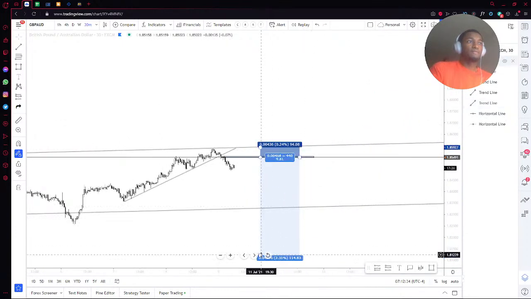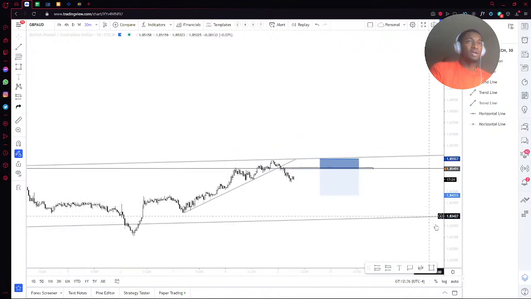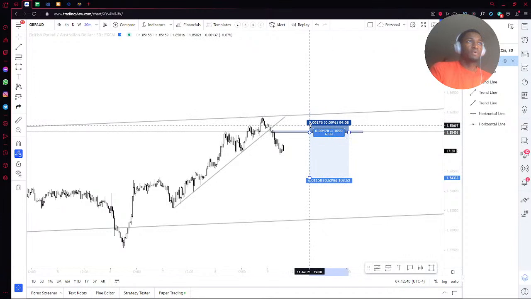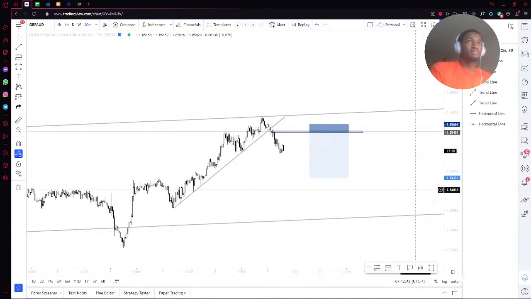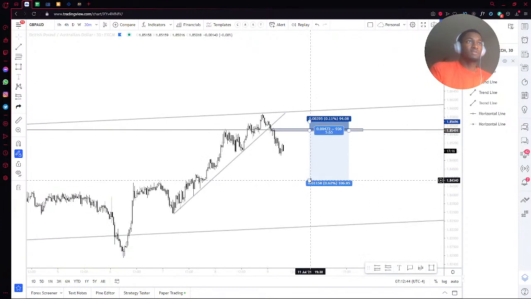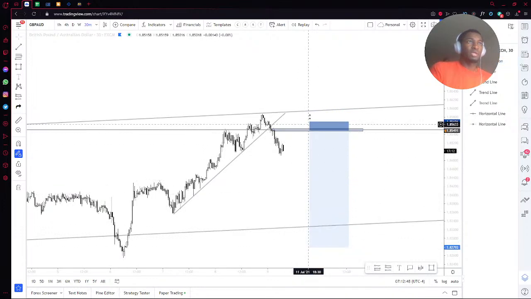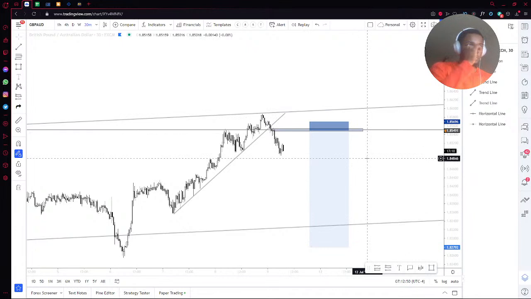Otherwise, I'd be willing to take the first loss if it does wick out for a tighter stop loss, and then after the wick out, I'll just look for a new entry.